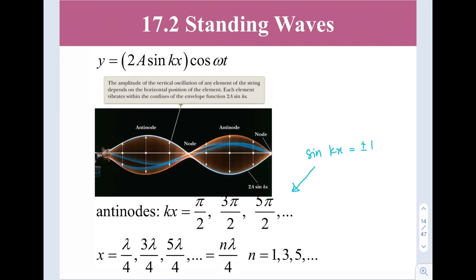And the x positions for the antinodes are lambda over 4, 3 lambda over 4, 5 lambda over 4, which is equivalent in general to n lambda over 4, where n is an odd integer.